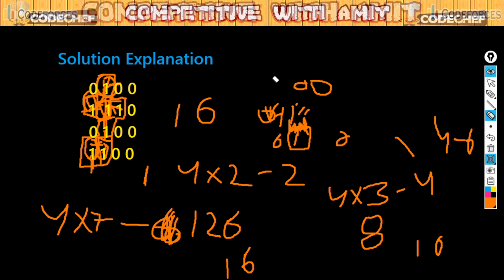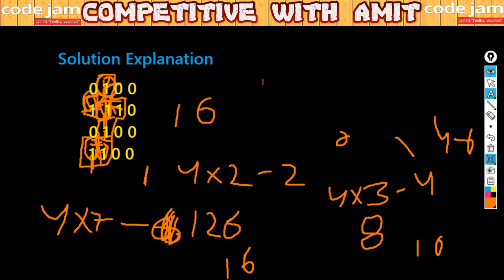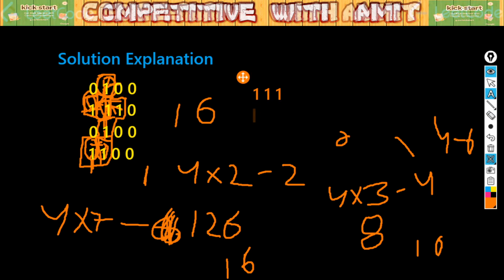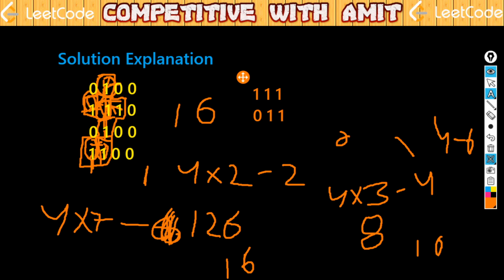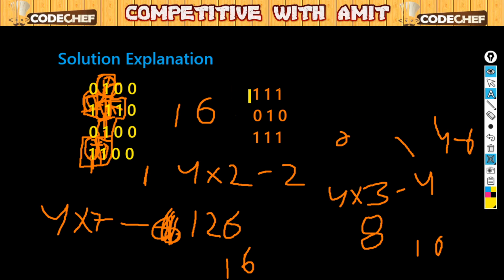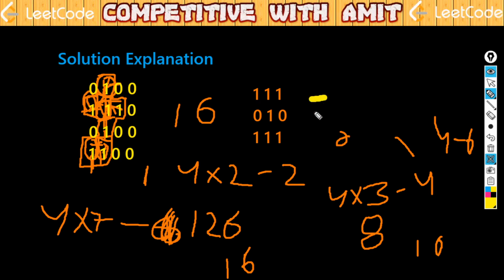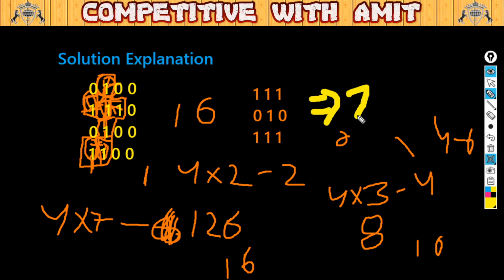Suppose this is our matrix: 1 1 1, 0 1 0, 1 1 and 1. Now we have to iterate over this matrix, and first of all count the number of ones. So we will count this one, this. So our answer will be 7.